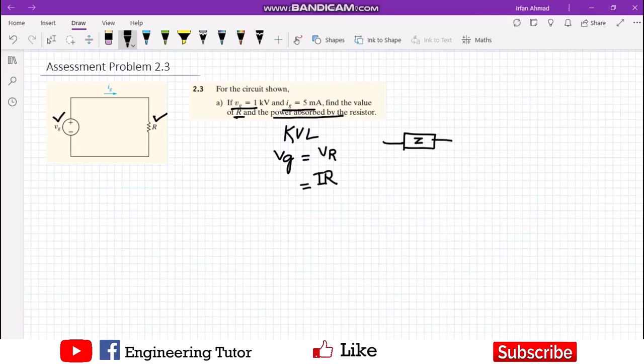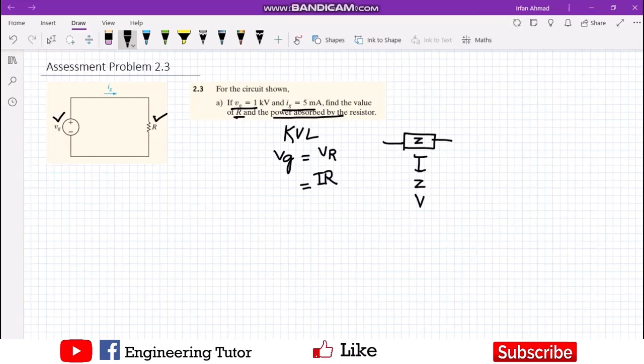We have three quantities related to any electric element: the current, the impedance or resistance (for DC circuits), and the voltage drop across this element. Out of these three, if any two quantities are given, we can easily find the third.